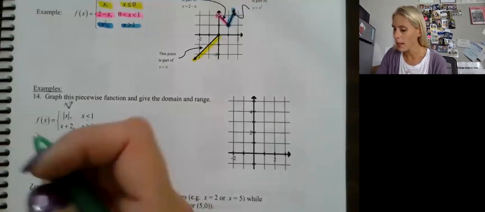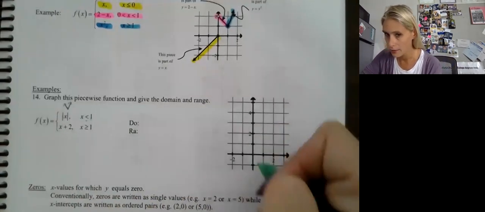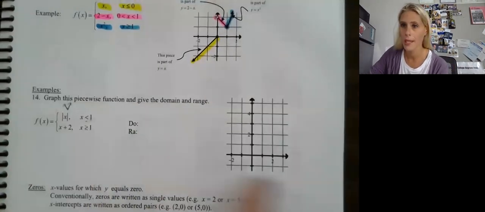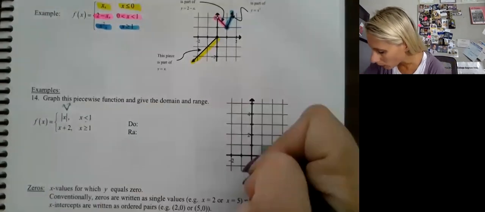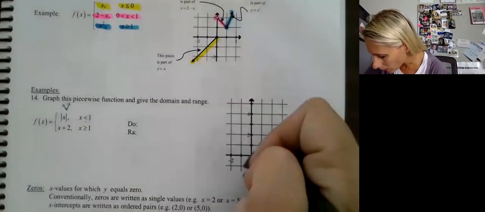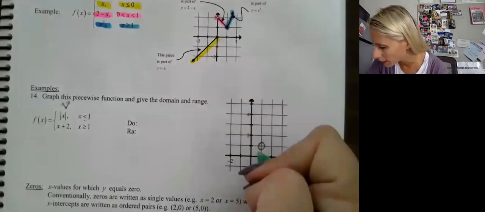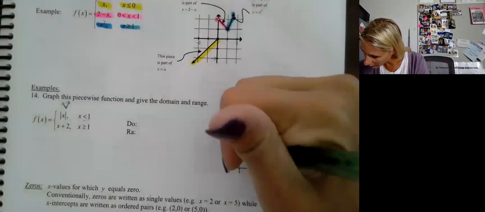So your regular absolute value has that V right here. So I'm going to start actually at this endpoint and go left. So 1, the absolute value of 1 is 1. Remember, it's open. And the rest of it on the left is the rest of the V. So we have this part here, and we have our V continued.